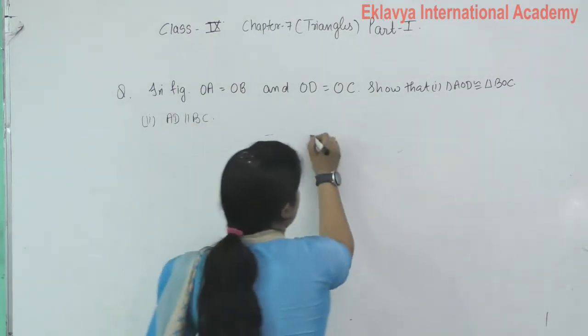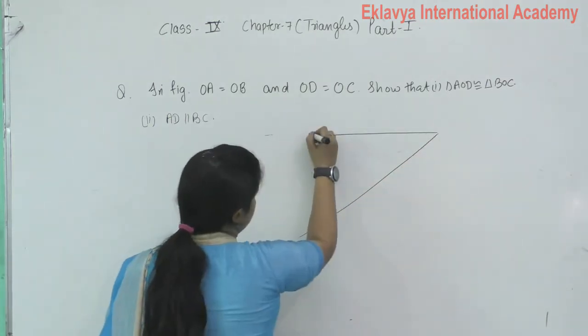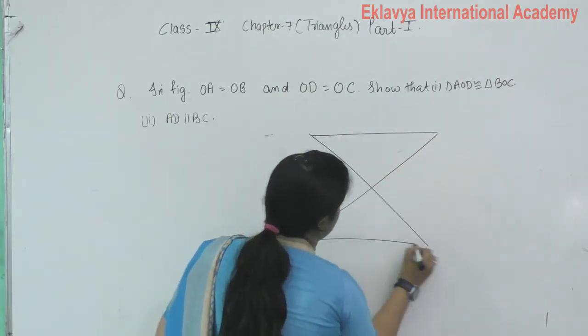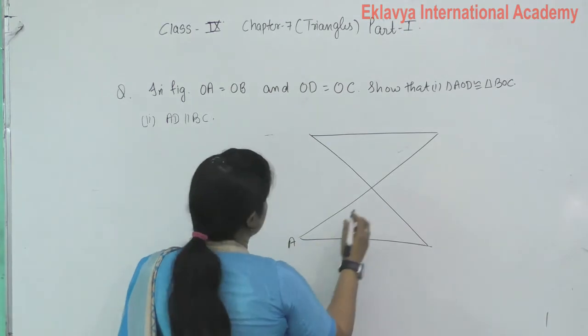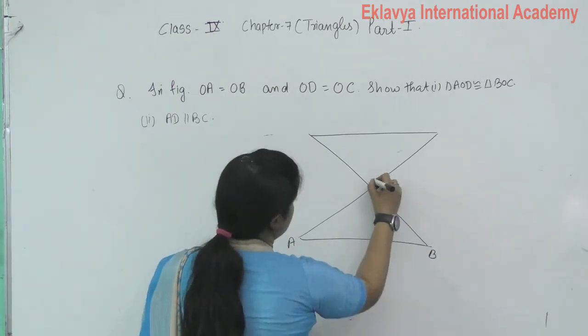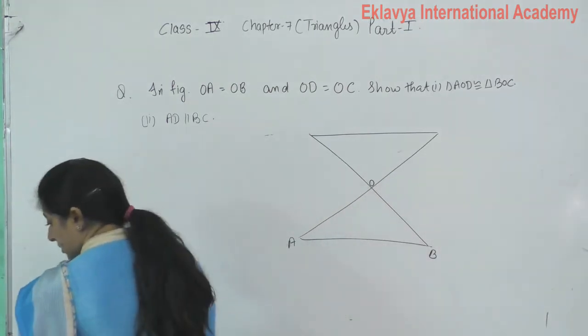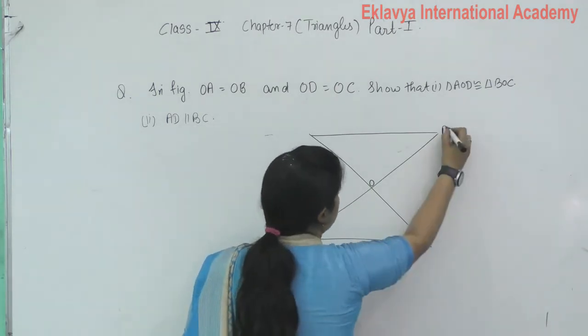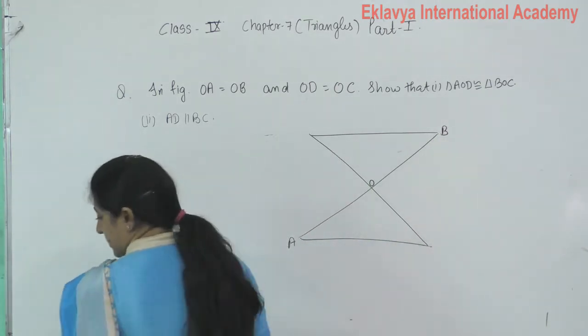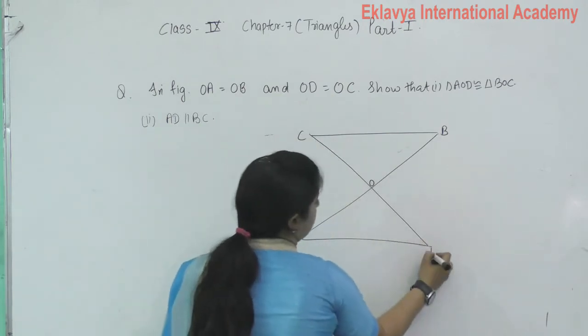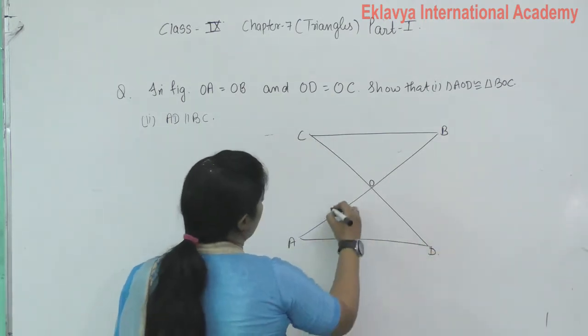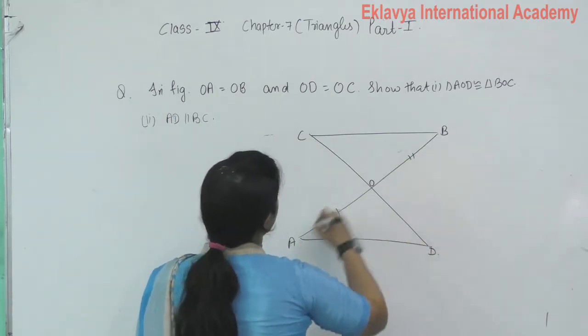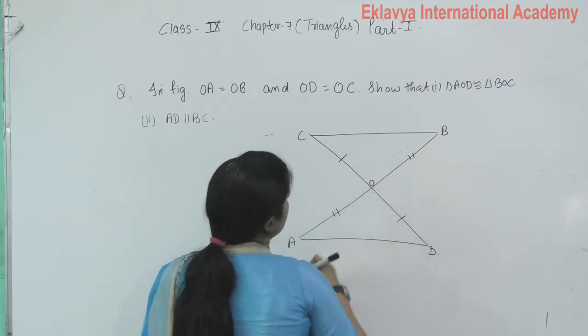The figure is given to you. Sorry, not here. This is AB and this one is CD. And it is given that OA is equal to OB, OD is equal to OC.